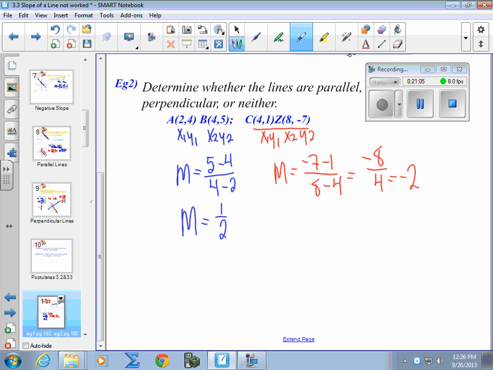The reciprocal of 1/2 is 2, but the negative of that, or opposite sign, would be -2. If these are negative reciprocal slopes, you can multiply them together, and if you get -1, they are perpendicular. So we can say that these lines are perpendicular because they have negative reciprocal slopes.